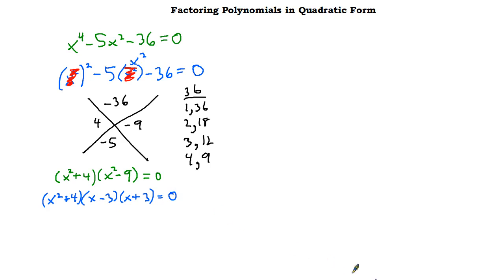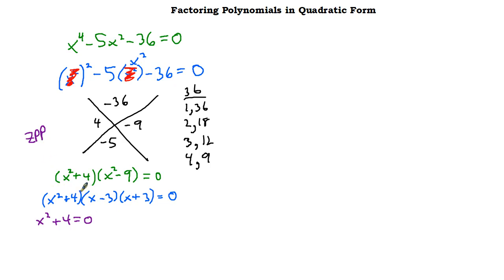Now that we have the thing completely factored, we can now go ahead and find all the solutions. And one of the solutions will be found by setting x squared plus 4 equal to 0. By the way, the reason for this is zero product property, ZPP. If you still are not familiar with what it is, go and Google zero product property.